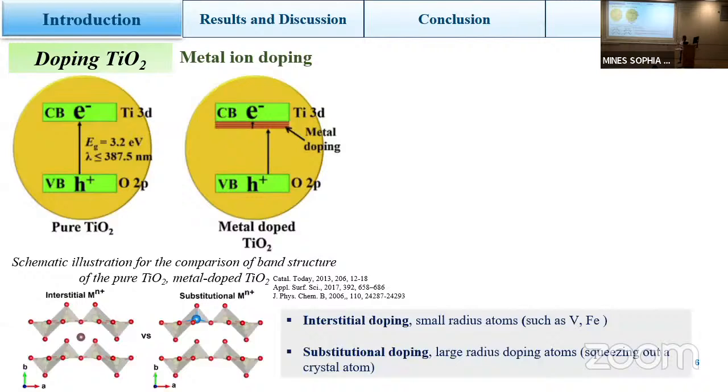For metal doping, there are two kinds. Small-radius atoms like vanadium and iron can use interstitial doping in the spaces of the lattice. Large-radius atoms like niobium can replace one of the titanium atoms and squeeze it out of the lattice.